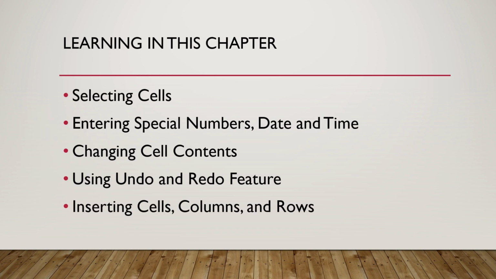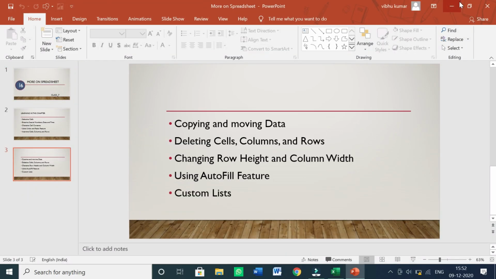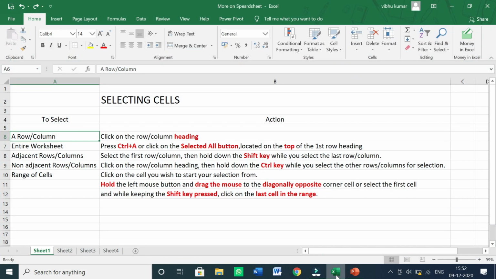In this chapter, we are going to learn about selecting cells, entering special numbers, date and time, changing cell contents, using undo and redo feature, inserting cells, columns and rows, copying and moving data, deleting cells, columns and rows, changing row height and column width, using autofill feature and custom lists. Let's get started. So now children, I'm going to open MS Excel.